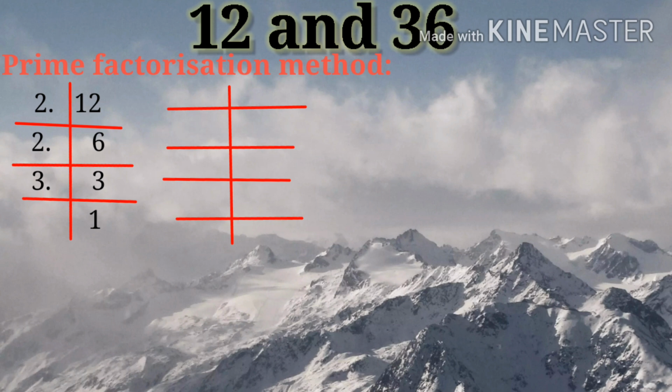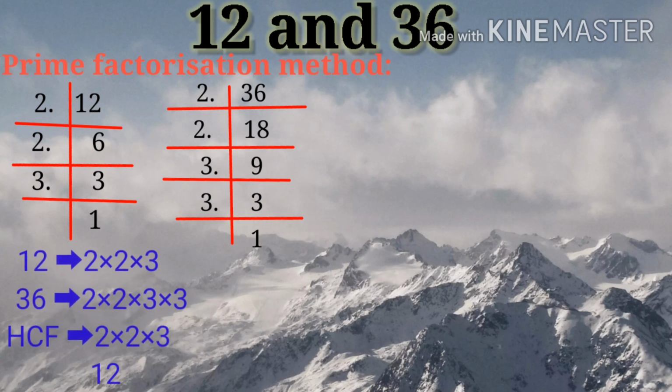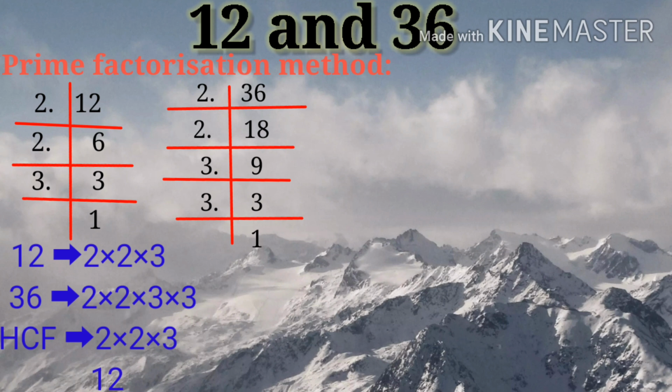When we divide, 2 eighteens are 36, 2 nines are 18, 3 threes are 9, and then 3 ones are 3. Now we'll write all the factors of 12 and 36. For 12 we have 2 into 2 into 3, and for 36 we have 2 into 2 into 3 into 3. These are the prime factors of 12 and 36.